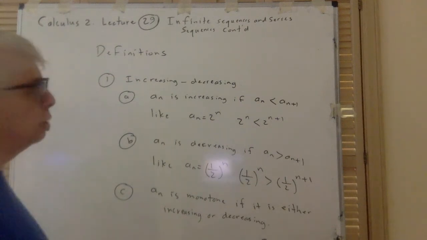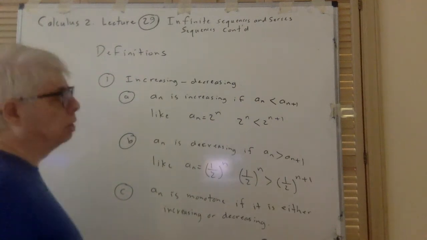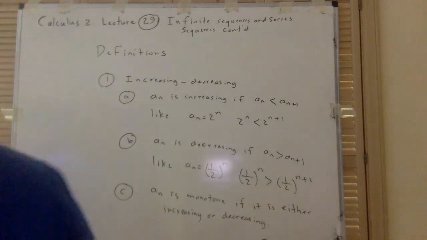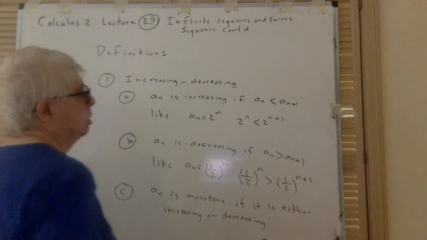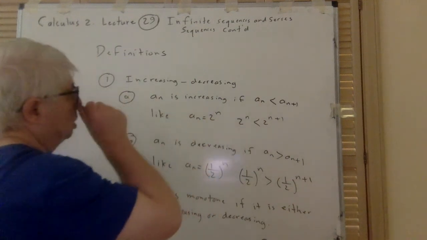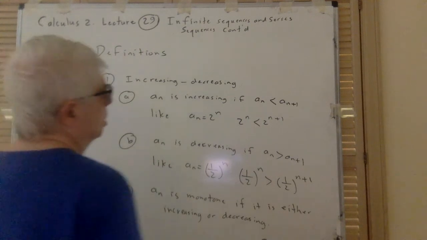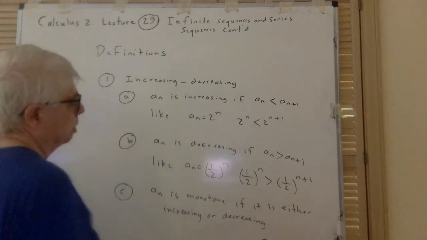Strictly means there's no equality here, but since I don't see that in this book, let's stick with what the book has. It just defines increasing as this and decreasing as this.